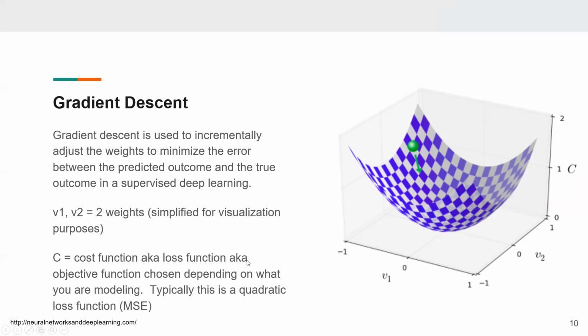A loss function is also the objective function, chosen depending on what you are modeling. Typically, it could be a quadratic loss function or MSE. It could also be cross entropy, as you may be aware, if it's related to probability.